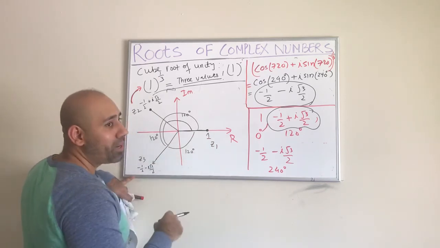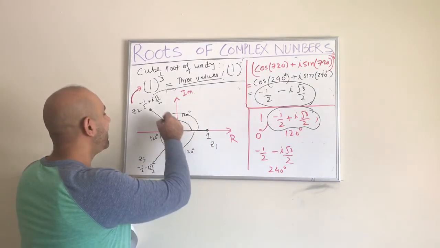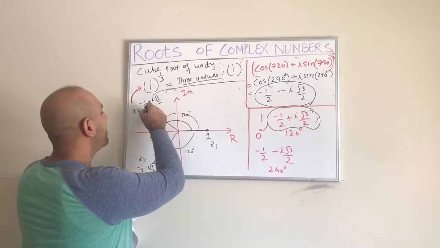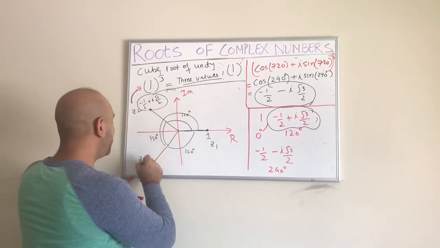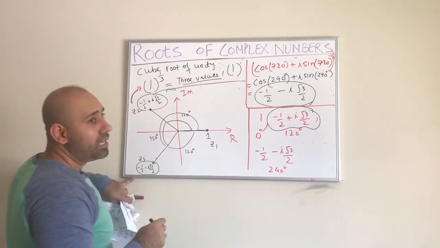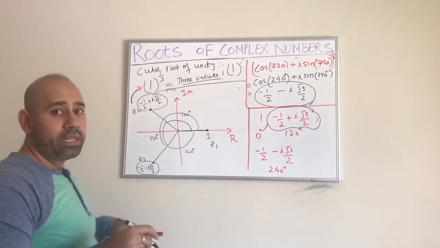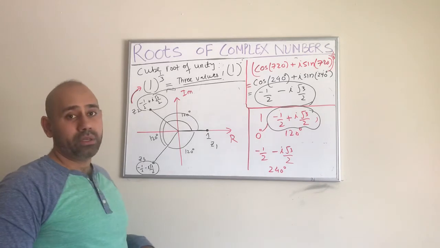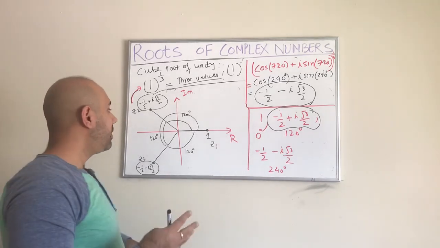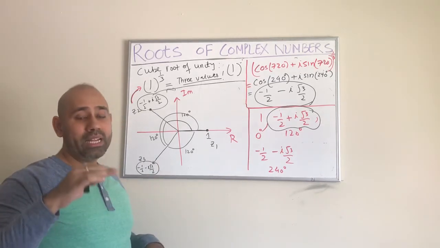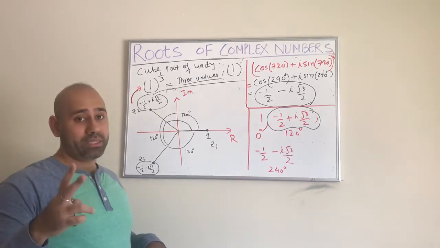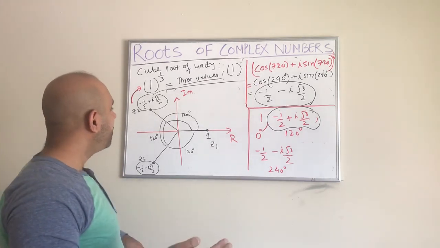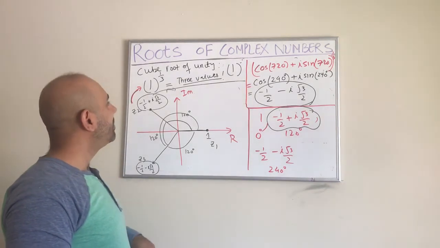Again, if I go around one more time, I'm going to overlap with this one, so it is still going to be this value. And same thing one more time. If we keep on going around the circle, it is just going to overlap with one of these three values. So keep in mind, we are only going to get 3 values. That's why we only add 360 twice, right? So that's how we basically find the cube root of unity.